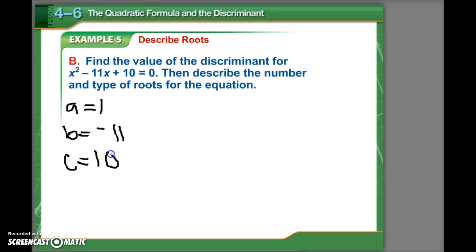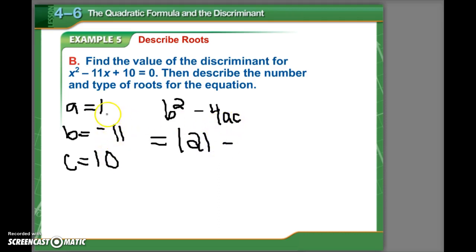And then we need to plug them into the formula, b squared minus 4ac. So our b value is negative 11. When you square negative 11, that's negative 11 times negative 11, which is positive 121, minus 4ac.